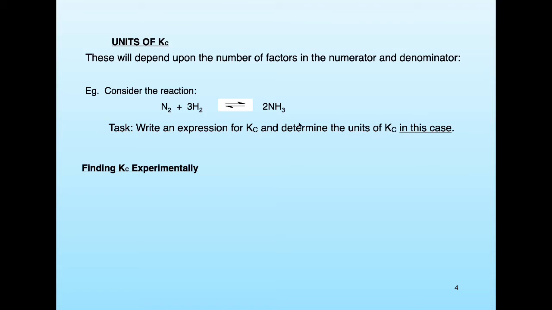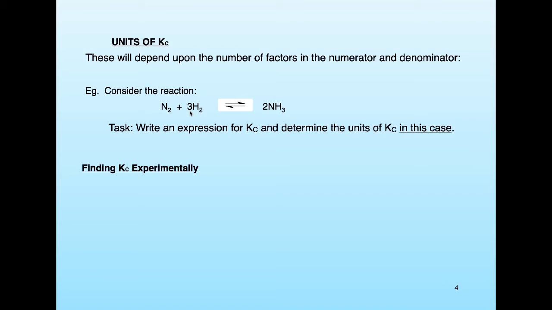Okay, so obviously you've got 2 moles of ammonia in the numerator, and you've got 4 moles of reactants. So Kc in this case is the concentration of ammonia to the power of 2, over the concentration of nitrogen times the concentration of hydrogen to the power of 3.